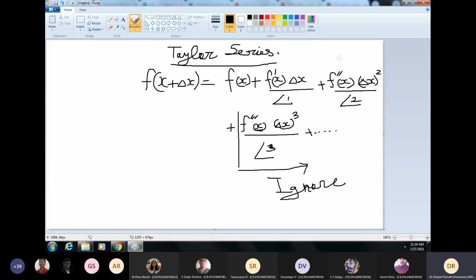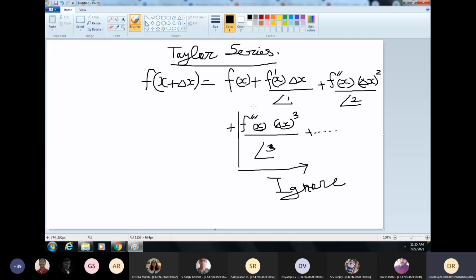You have dy by dx constant, f prime x is constant, y is equal to mx plus c. So dy by dx is equal to m. From d squared y by dx squared onwards, everything is 0. So it's still good. If you want the next one, at this point you add the slope times the difference in x, and you will get f of x plus delta x. It's verified for a straight line.